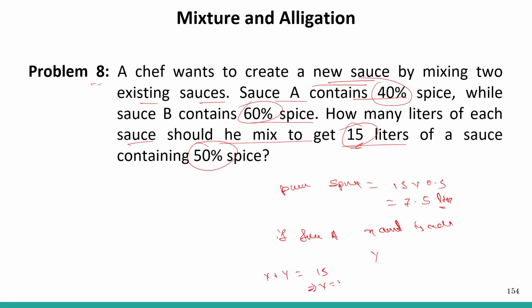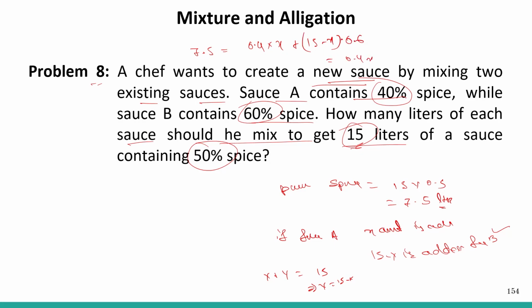So this implies that Y is equal to 15 minus X. So 15 minus X is added from B, right? So what algebraic equation do we need to solve? It will be 7.5 is equal to 0.4 into X plus (15 minus X) into 0.6.